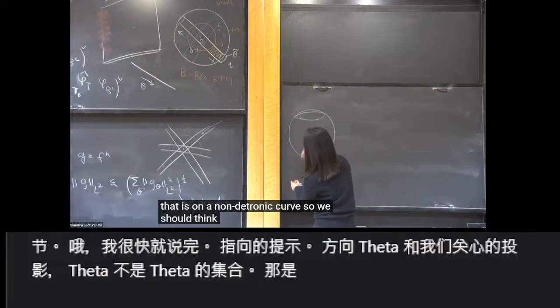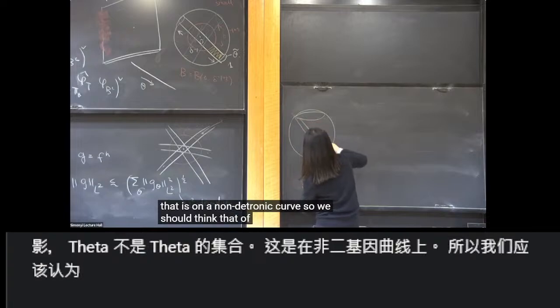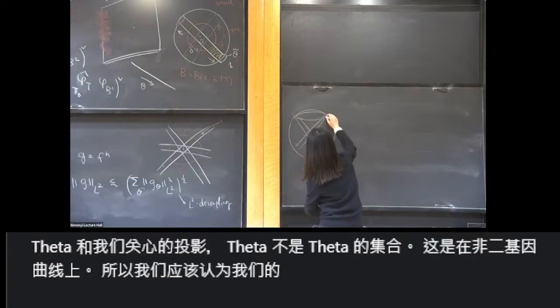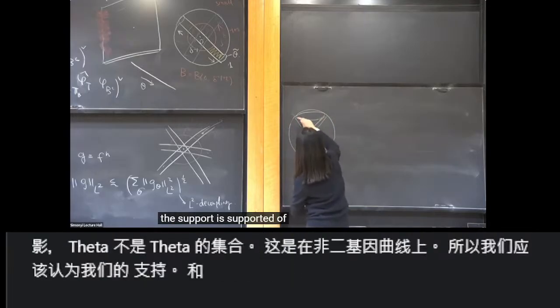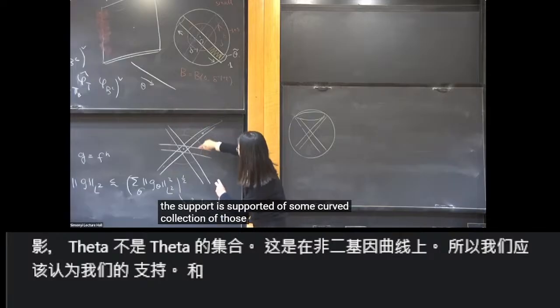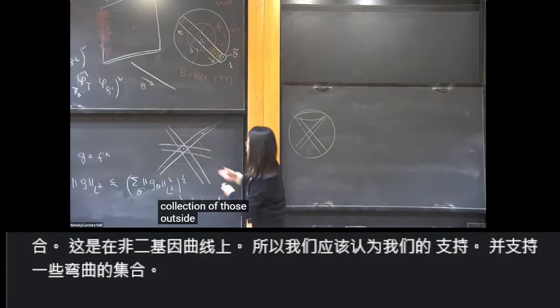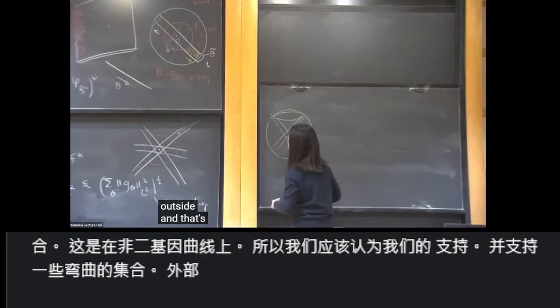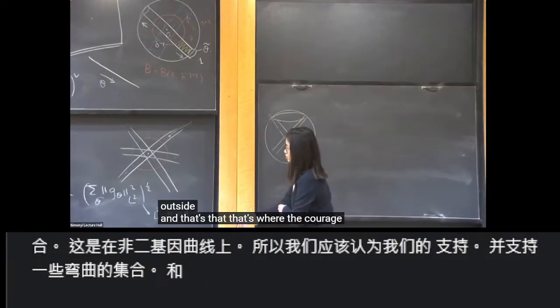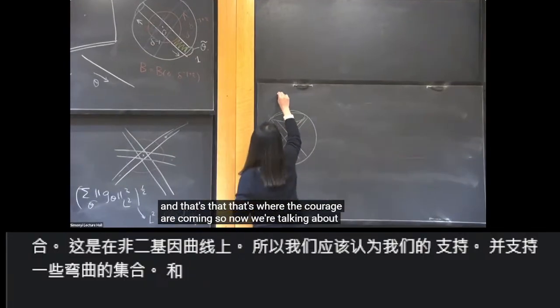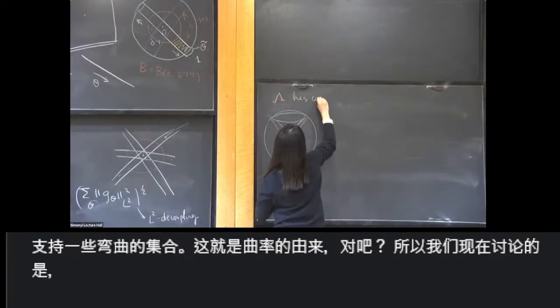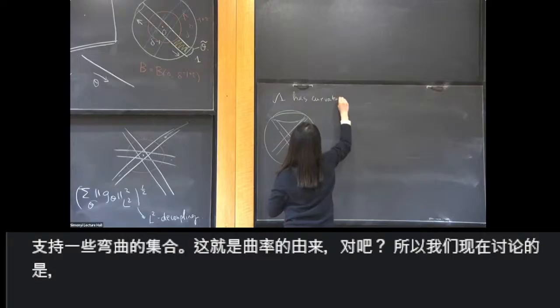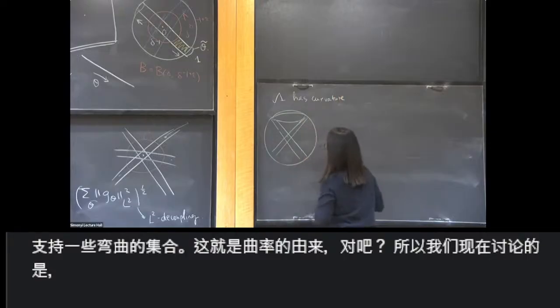So we should think that the support is supported on some curved collection of those outside of tubes. And that's where the curvature comes in. Right? So now we are talking about gamma has curvature. Lambda has curvature.